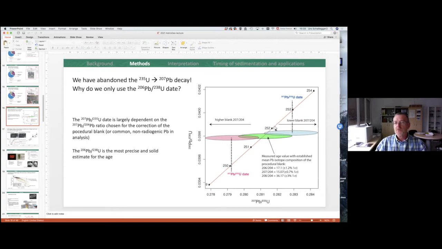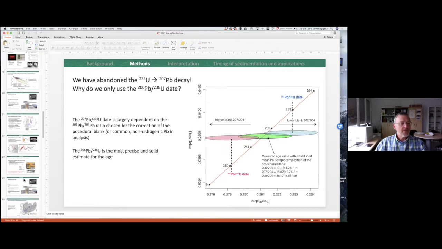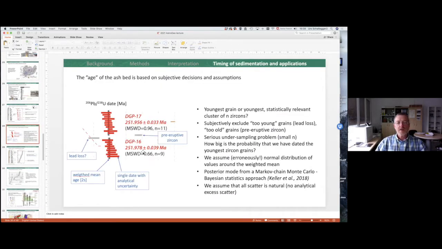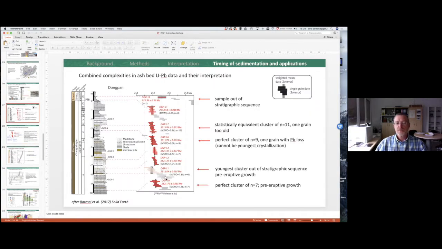I didn't prepare a Concordia plot now, but these are all perfectly concordant points, and even those I kicked out are perfectly concordant. They're just scattering in age, scattering along the Concordia. So this is degrading the discordance.